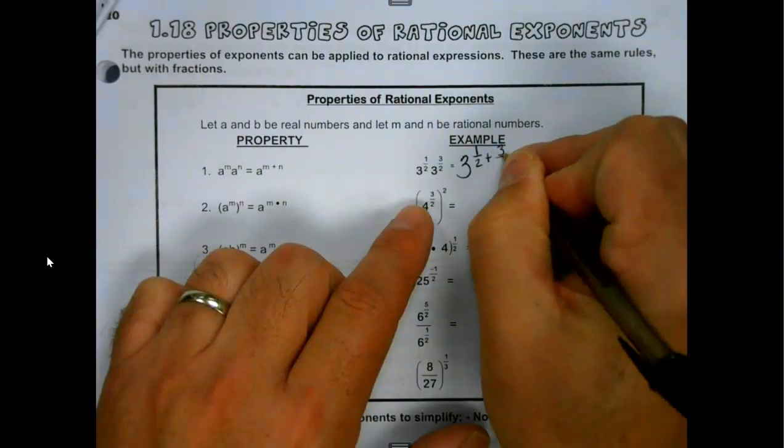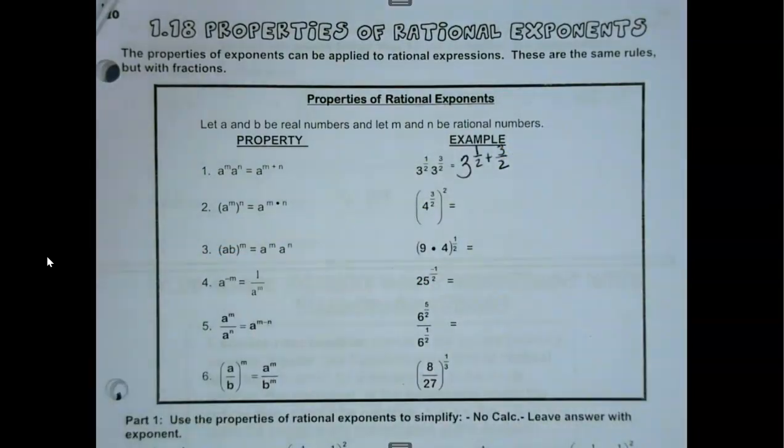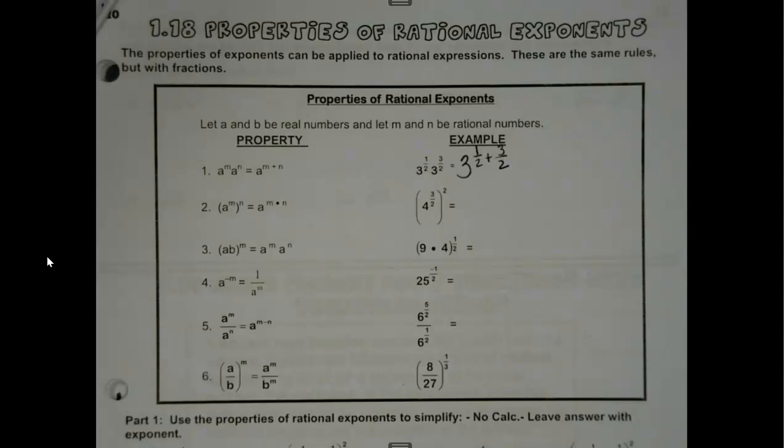Here's the one thing I will mention right at the beginning, though. If you're going to use the properties of exponents, just like we did yesterday, whether it's a variable or a number as your base, your bases have to be the same for you to be able to do the operation. In other words, in this first example, these are both 3's.